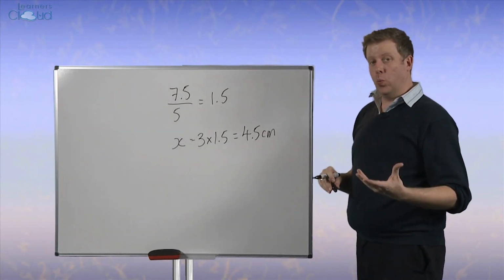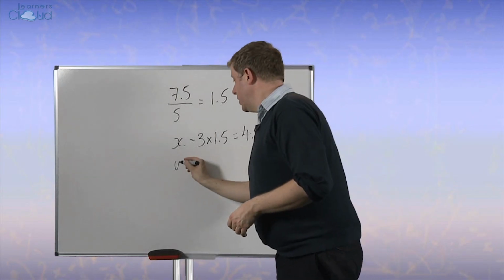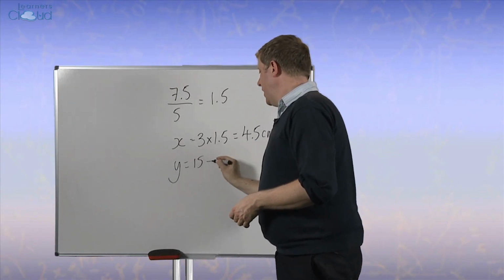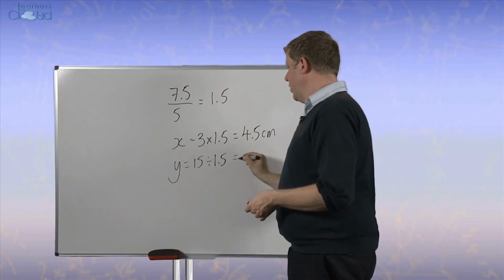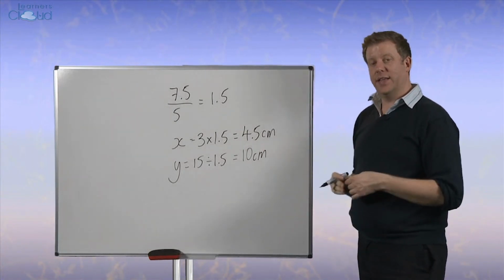And now to calculate y, well y is on the smaller shape, corresponds to that length of 15 on the larger one. And remember, from larger to smaller, we divide. So y will be 15 divided by 1.5, giving us 10 centimetres.